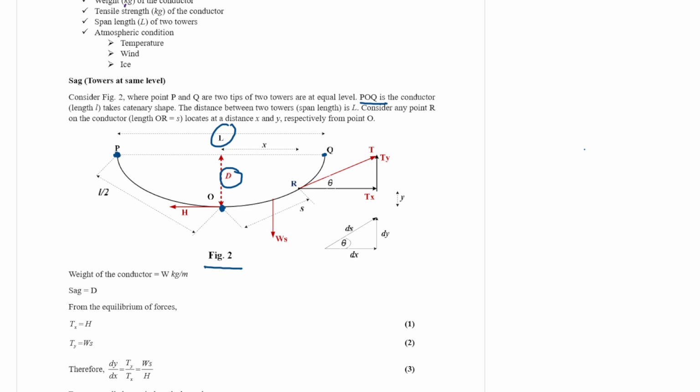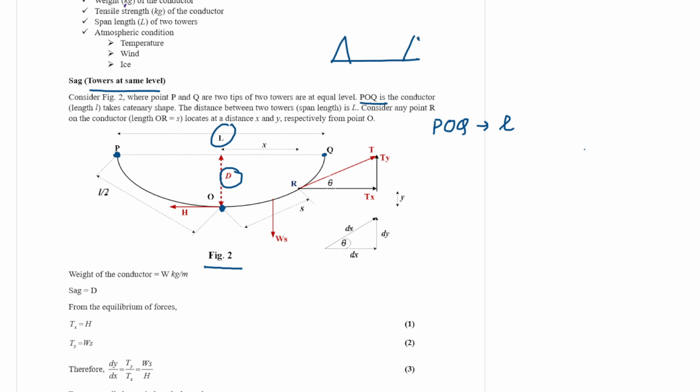Now the conductor length, that is POQ, the total length is l. First of all, let me tell you that we are first calculating sag provided these two towers are at the same level.